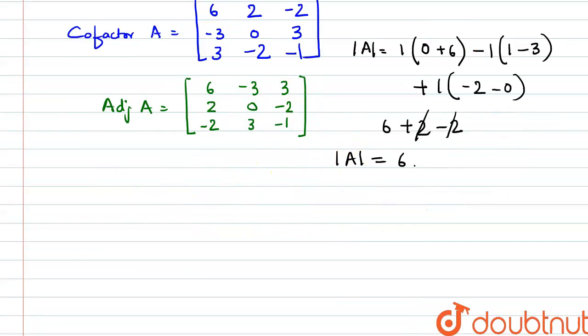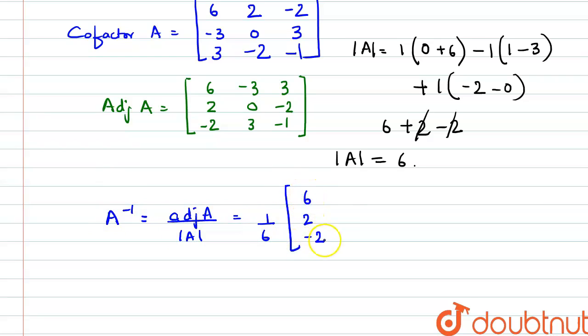Now all we have to do is find our A inverse, that is adjoint of A divided by determinant of A. That will be 1 by 6 times 6, 2, minus 2, minus 3, 0, 3, 3, minus 2, minus 1.